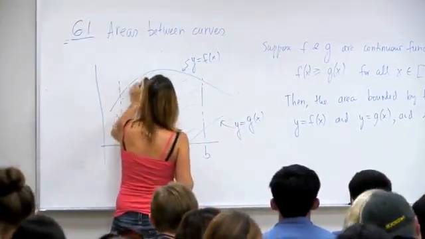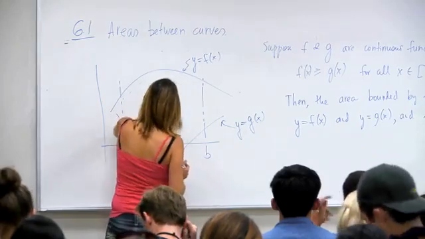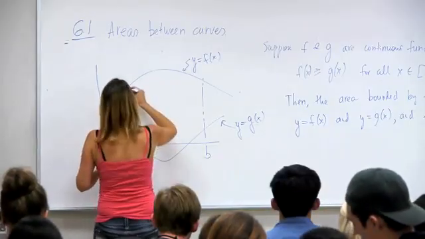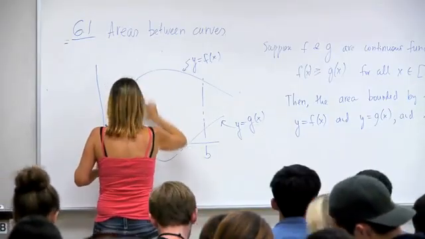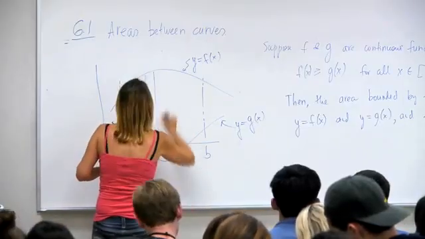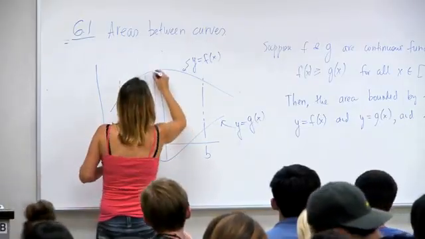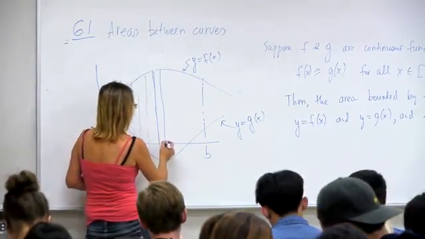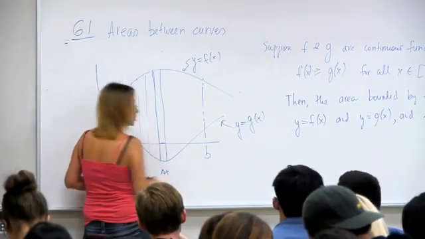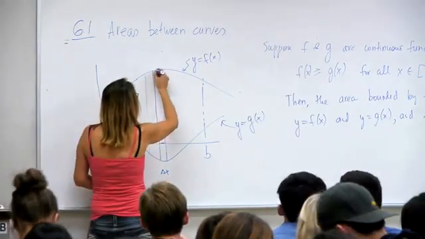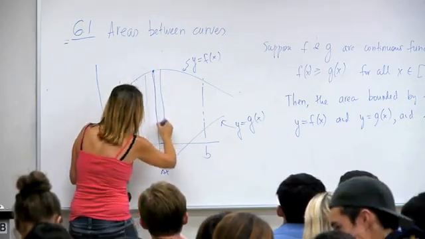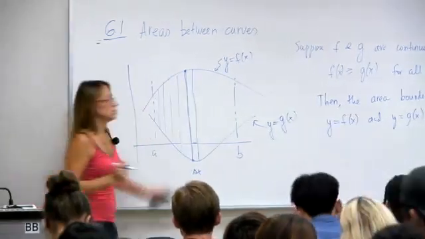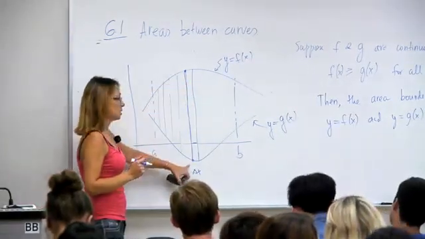From the first principles, like before, we're going to think of it as a carpet. Okay, I'm going to cut it into vertical stripes like this. So let's, for instance, consider this stripe. The base is delta x, just like always. Okay. What about the height? So I go from here to here. So basically, the height of this rectangle is the distance between f of x and g of x.